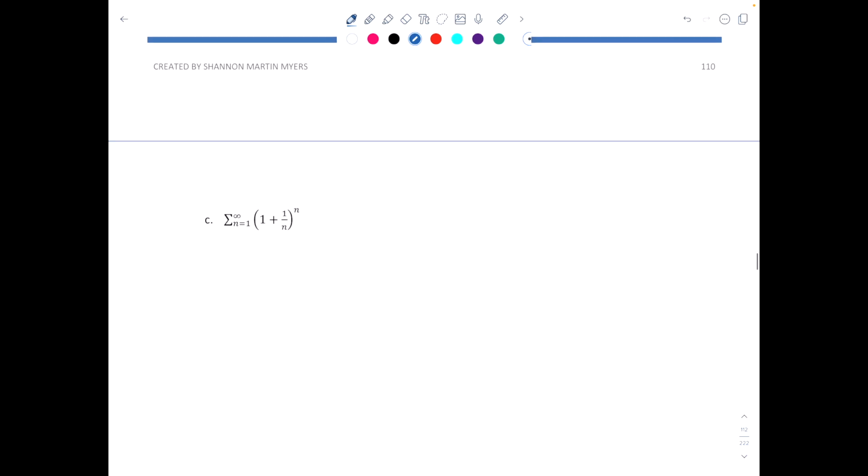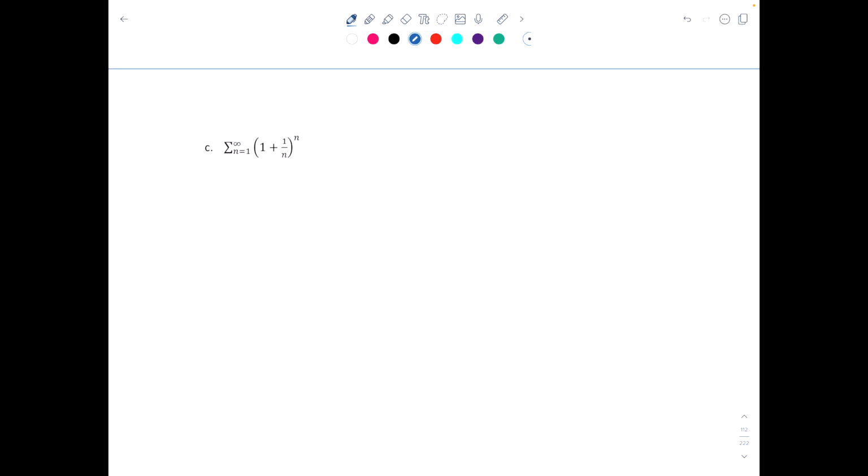Okay, so part C. Here we go. A little bit of heavy lifting on our limit work, right? So here, I'm looking at it, I'm seeing it's not a geometric series. In a geometric series, your base is known, it's your power that's unknown. And here we've got a 1 over n inside there.